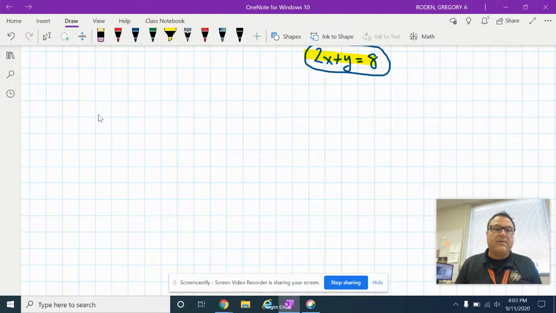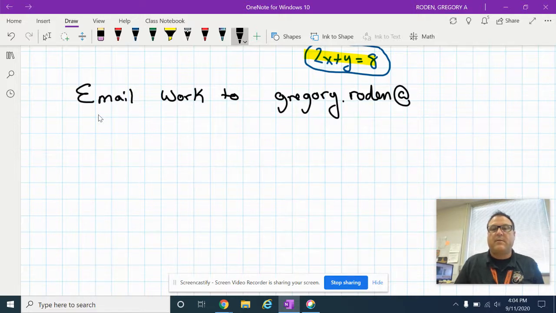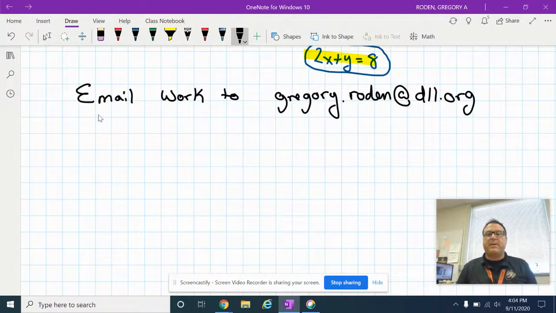You don't have to email me all these notes you just took. Just email me these. Email work to, what is it, gregory.roden at d11.org. Okay, so do it on a piece of paper, take a picture, do a screenshot, whatever it takes.